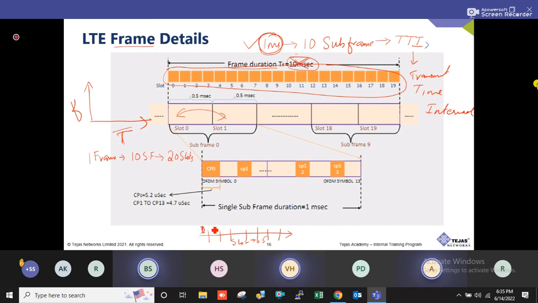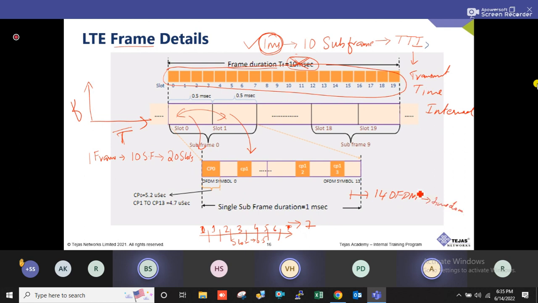It starts from 0, 1, 2, 3, 4, 5, 6. Sorry, it is only 6 because 0 to 6, totally it becomes 7. So there are 7 OFDM symbols in one slot, 7 OFDM symbols in one more slot. Totally we have 14 OFDM symbols. This is the smallest granularity in time domain.